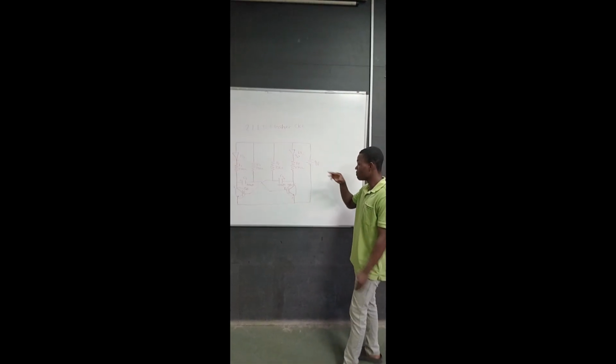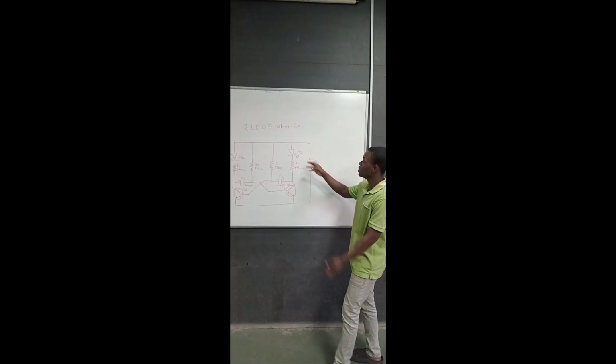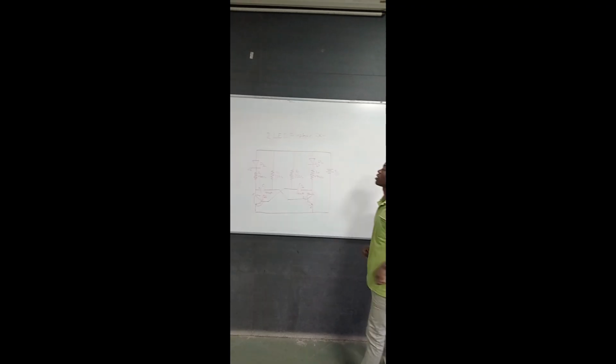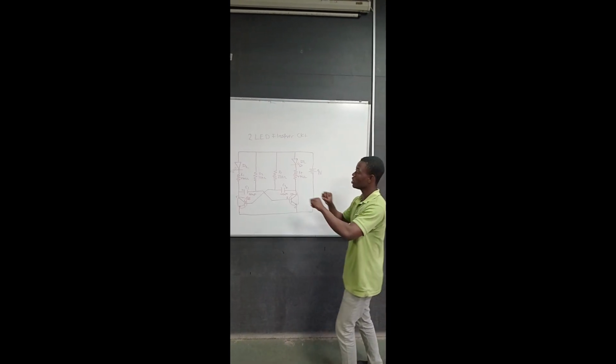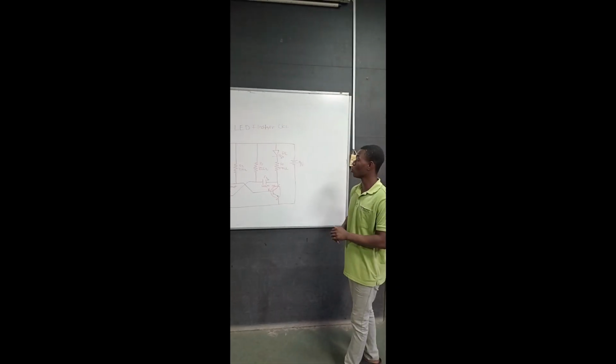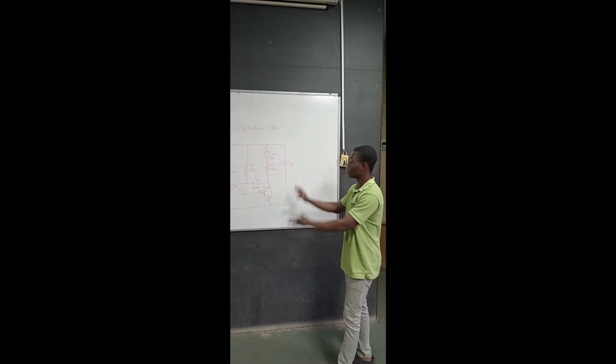So this is the role of our components. Obviously, D1 and D2 should turn on and off, showing our circuit operations.